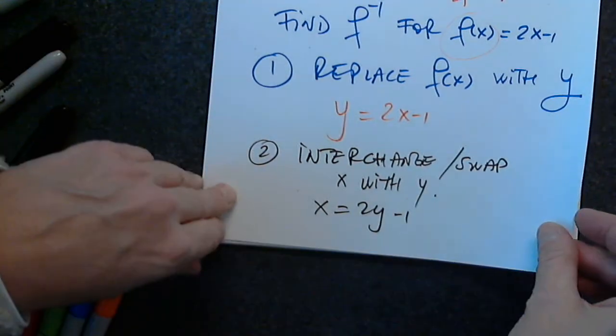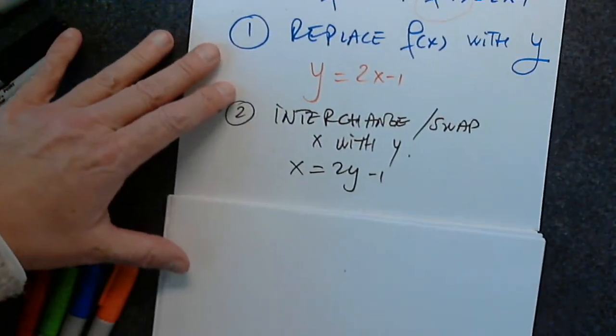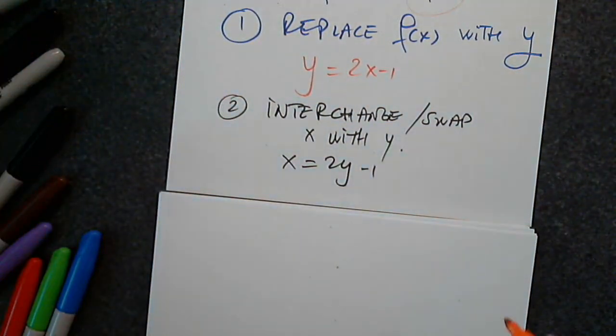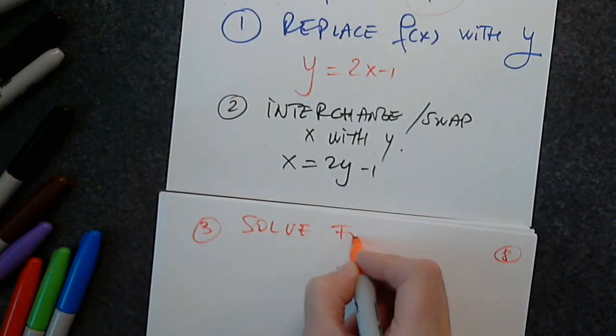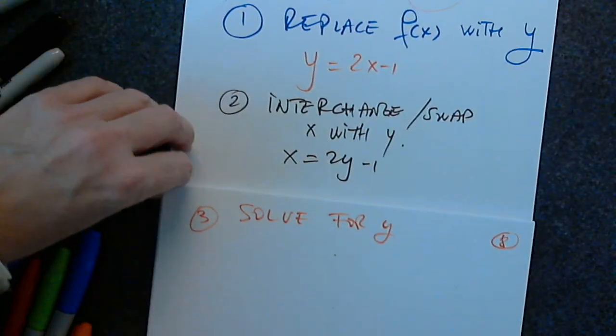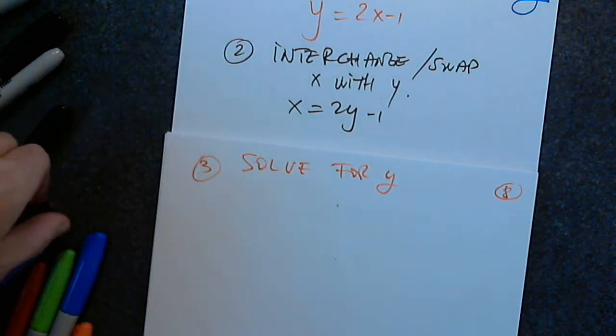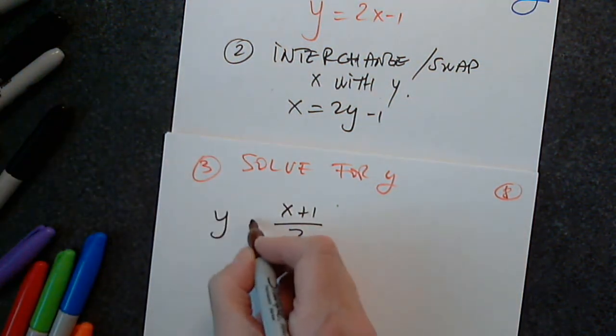In the next step, I'm interested in y, because y is now the new function. So in step 3, I have to solve for y. Can anyone tell us how to solve this equation for y? Add 1 and divide by 2. Excellent. So x plus 1 divided by 2 is our y.